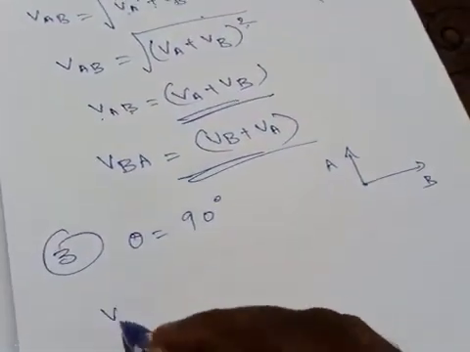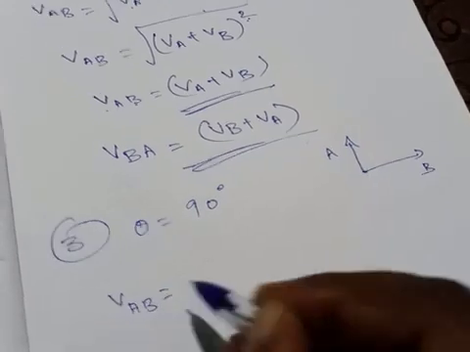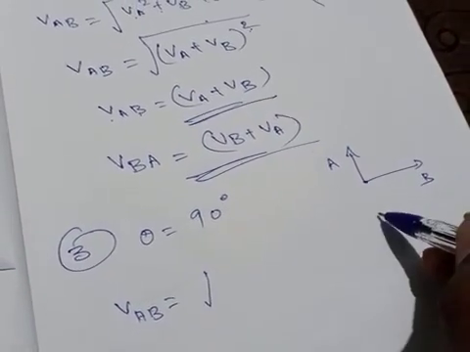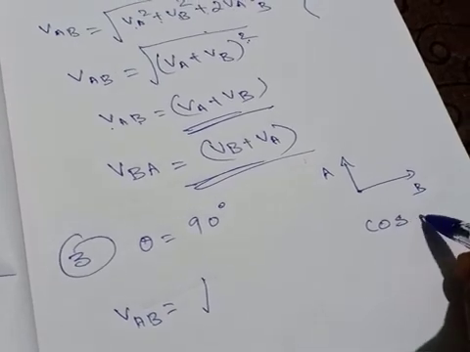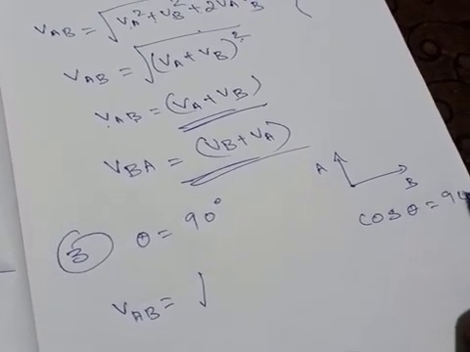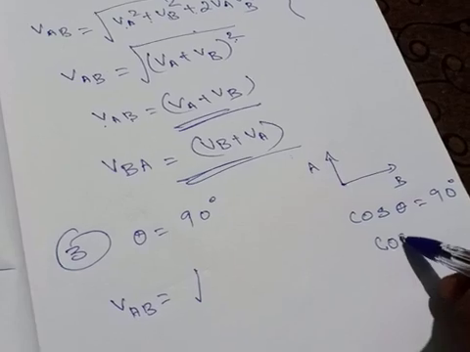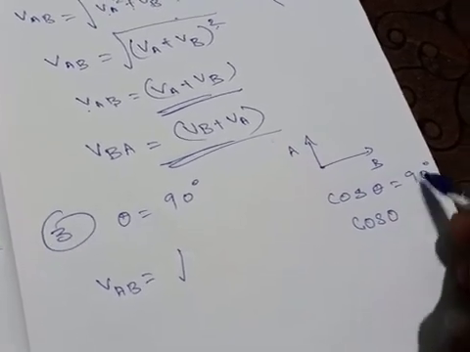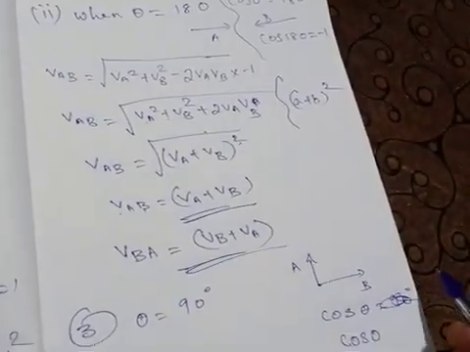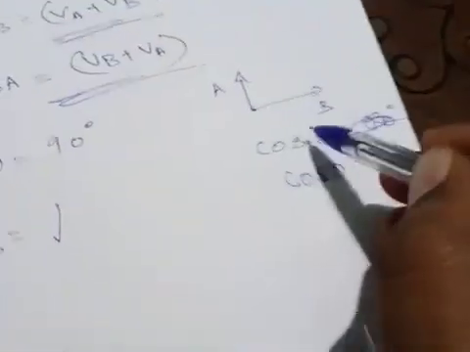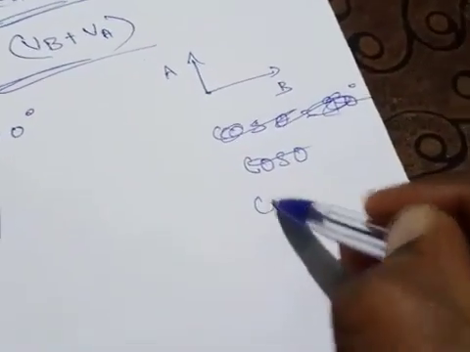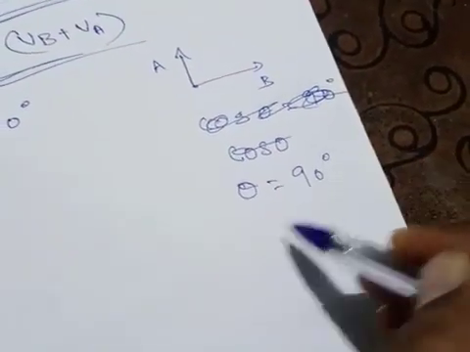VAB is equal to square root of... you know that for theta equal to 180 degree, cos 180 is -1. Here theta is equal to 90 degree.